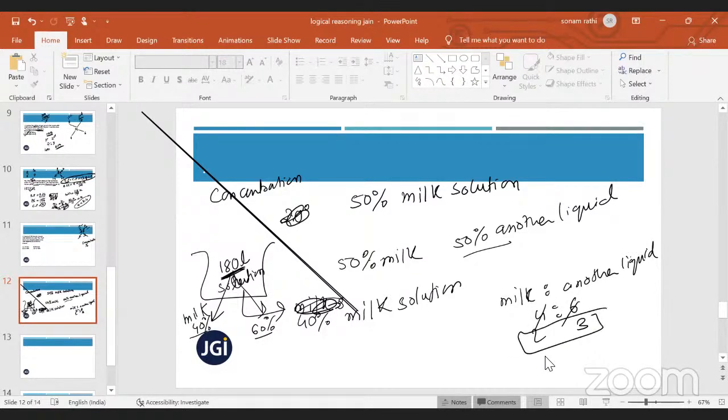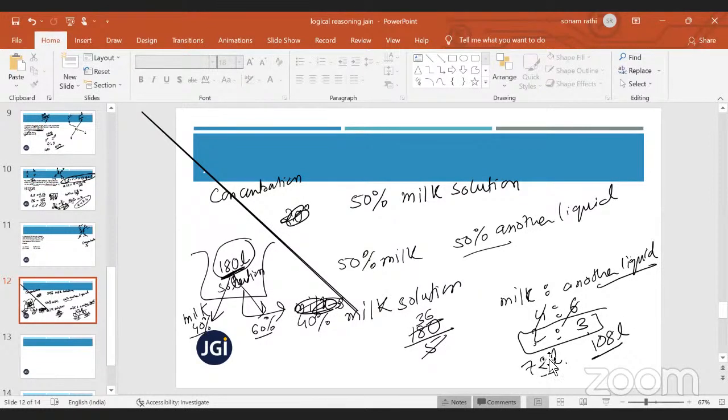If someone asks how much milk is in this, 180 divided by 5 is 36. 36 into 2, 72 liter is milk, and 36 into 3, 108 liter is another liquid.